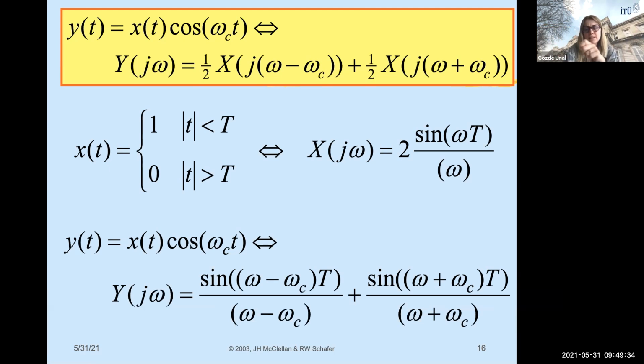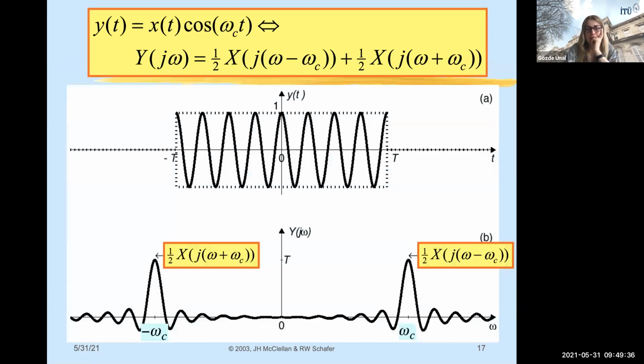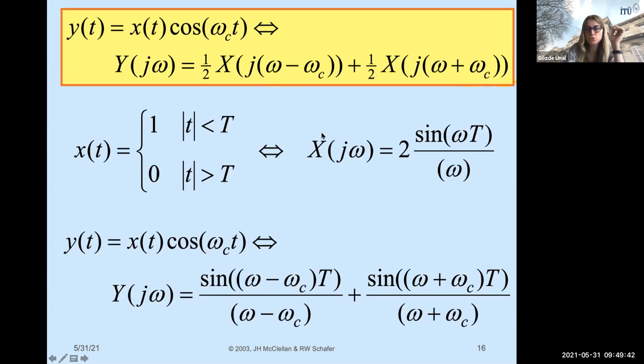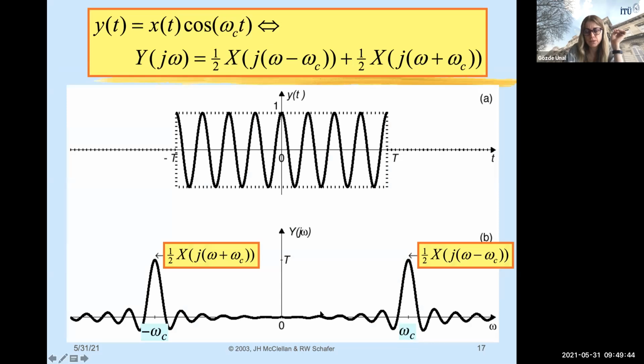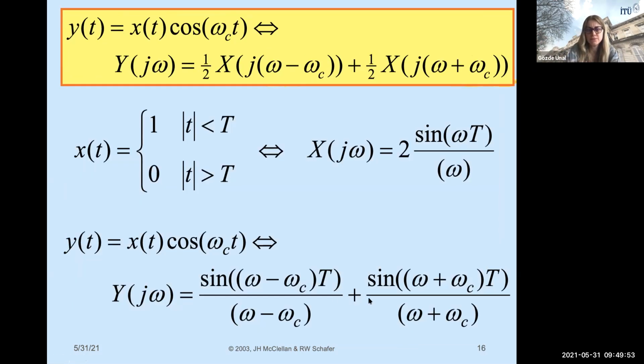This is actually just an exercise slide. Look at the bottom. This is the Y of j omega, two sincs actually.